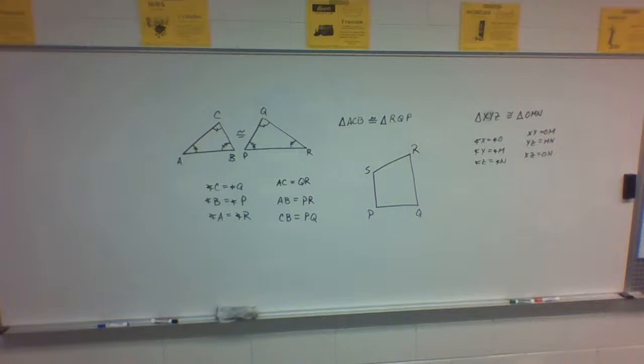Now take a look at what they've got for you. In example 2a, it says find the value of x. First of all, do you find anything at all that involves an x in it? Two things. QR involves an x, and angle Q involves an x and a y. I want to do the one that involves just the x, not the y. See if I can find it.